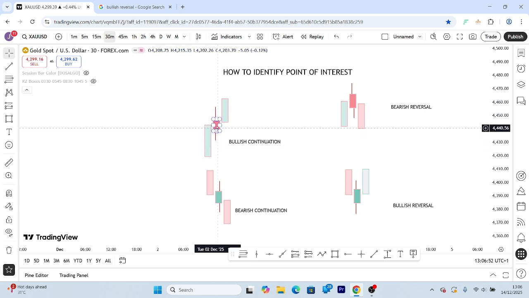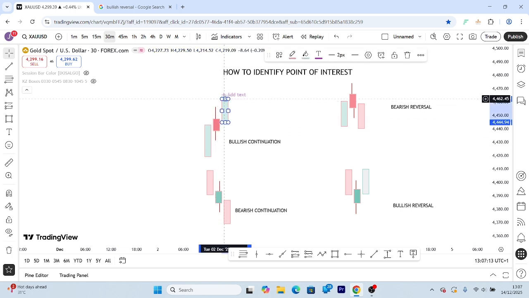So in most cases, it's only the second and third candle that you pay more attention to. But in general, you always see the first candle kind of long, but in most cases, the second candle, you will see the consolidation actually happening. Then the third candle, you now see a long spike.